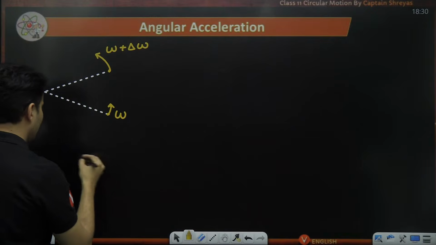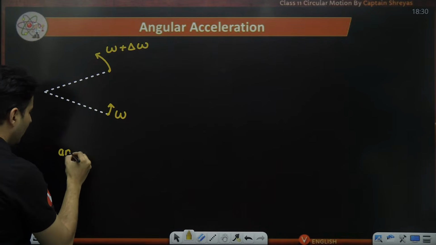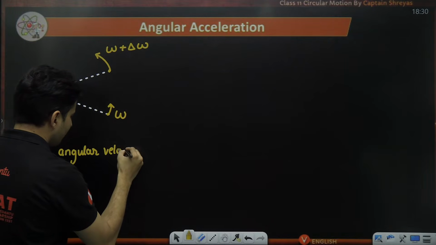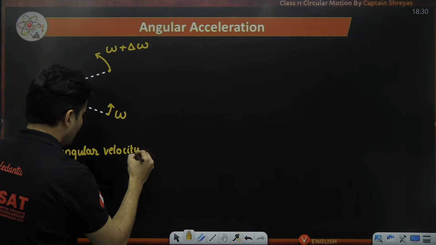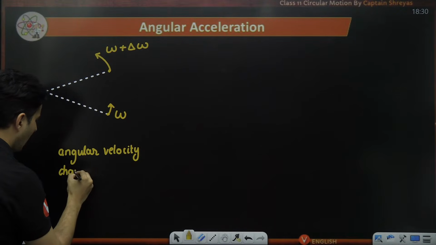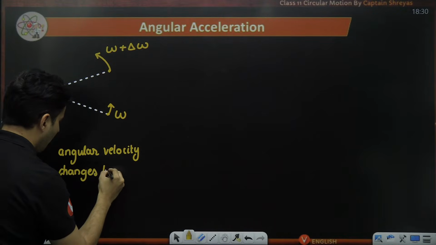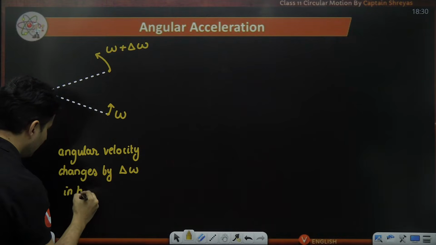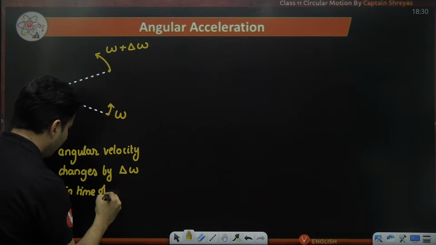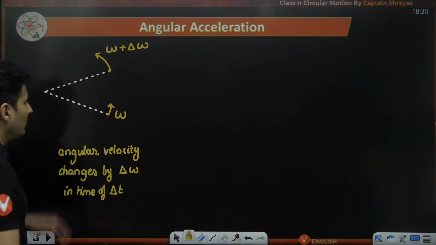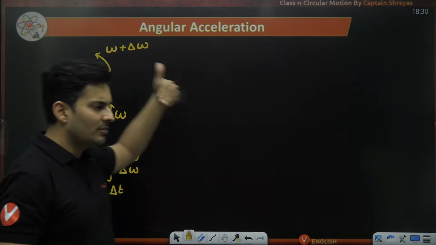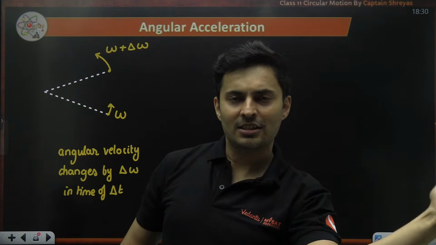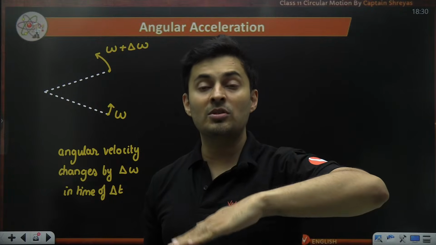So angular velocity changes by delta omega in a time of delta t. So maybe in 2-3 seconds, it changes by a few radians per second.